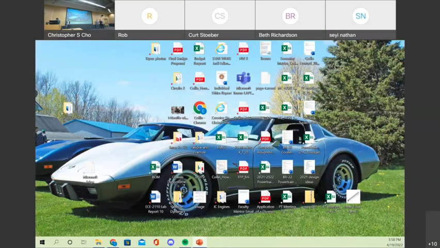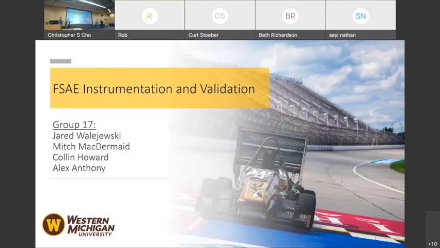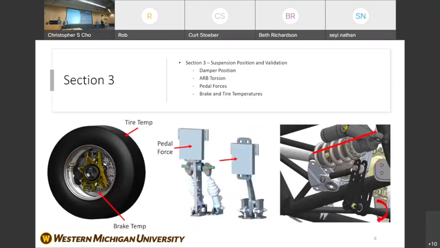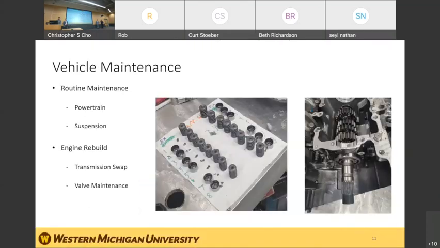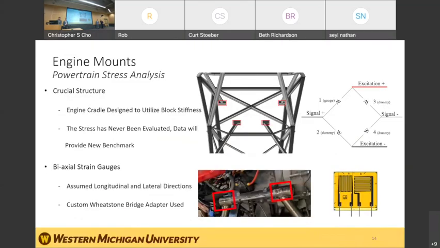I think there's one. Yeah, so when you're talking about the stress on the engine mounts, and there's also a bunch of safety factors, the mounts being redesigned to an optimized safety factor.